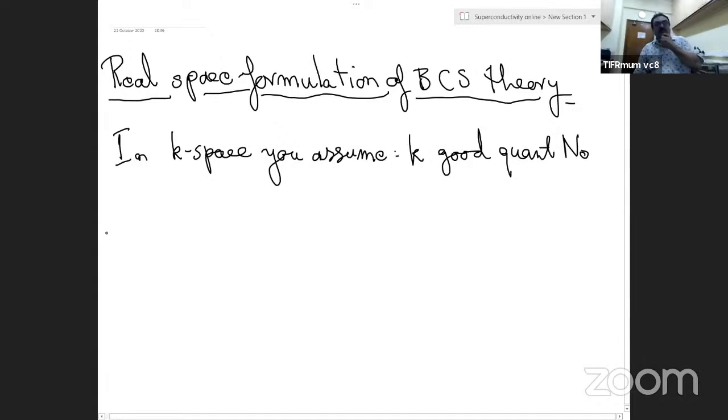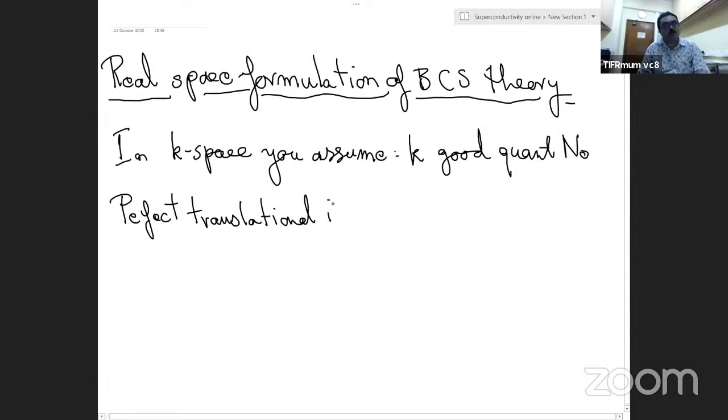Now, when is K a good quantum number? K is a good quantum number when you have a perfect translational invariance. So this is good when you are dealing, let's say, with one superconductor, let's say a brick of lead or something like that.